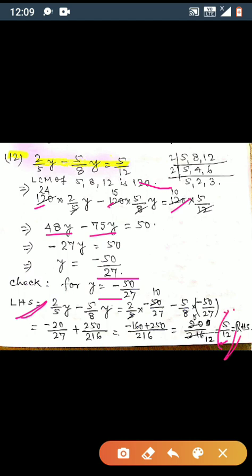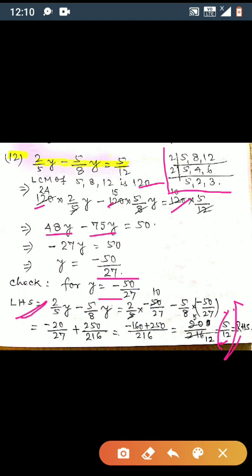Check for y equal to minus 50 by 27. LHS equal to 2 by 5y minus 5 by 8y equal to 2 by 5 multiplied by minus 50 by 27, minus 5 by 8 multiplied by minus 50 by 27. 50 divided by 5, quotient is 10.